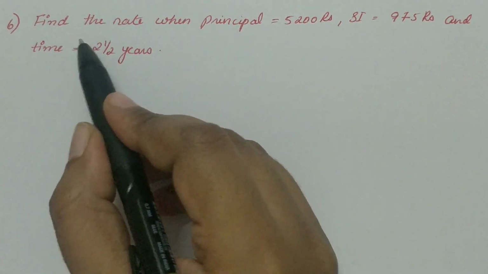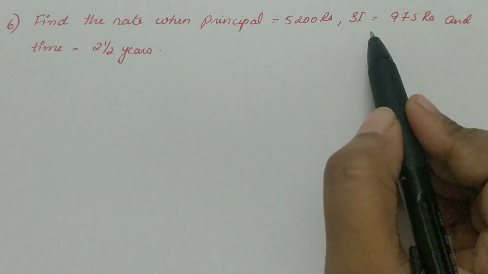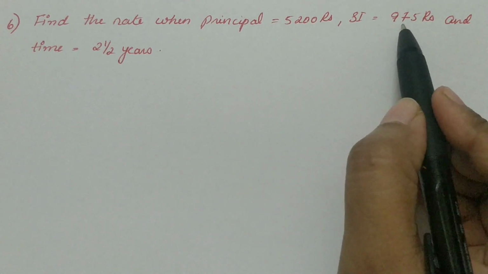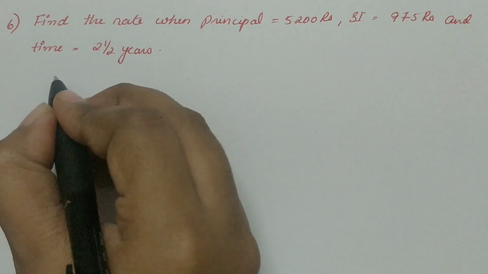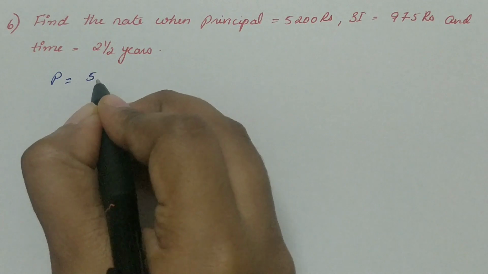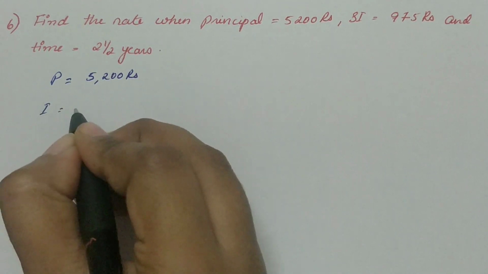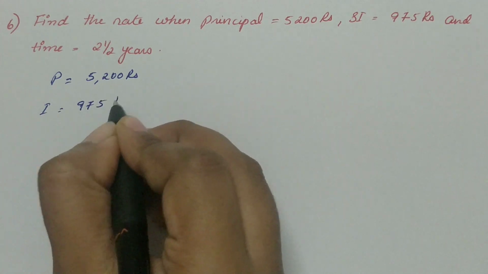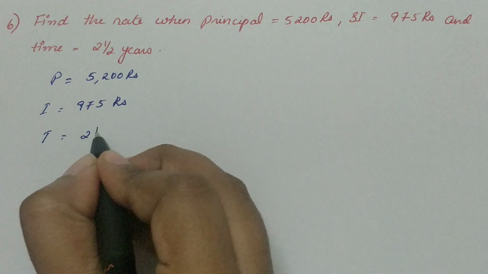Sixth one, find the rate when principal equal to 5200 rupees, simple interest equal to 975 rupees and time equal to 2.5 years. Given principal equal to 5200 rupees, simple interest equal to 975 rupees, time equal to 2.5 years.